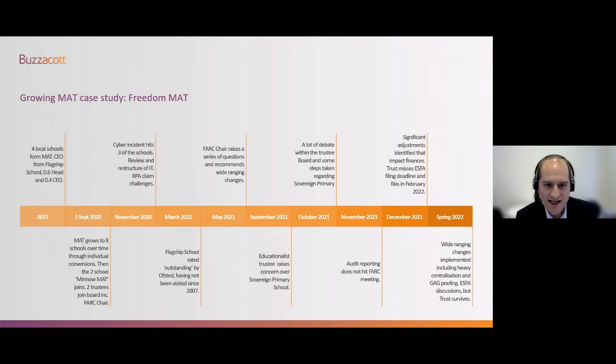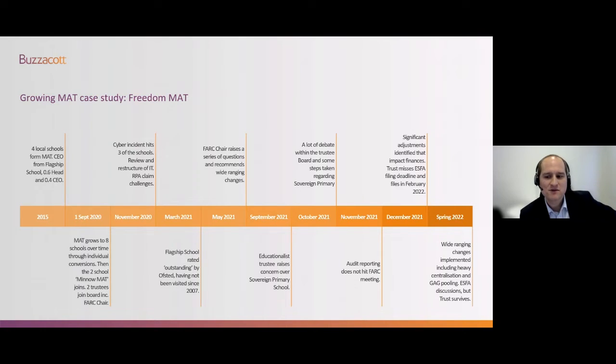Later in that year, the chair of the Finance, Audit and Risk Committee had got their feet under the table and was raising quite a series of questions about their role and the role of the committee, and made a number of recommendations, which were made initially internally to the chair, on how the trust was run, particularly, for example, from the CFO, who was providing information to the committee.